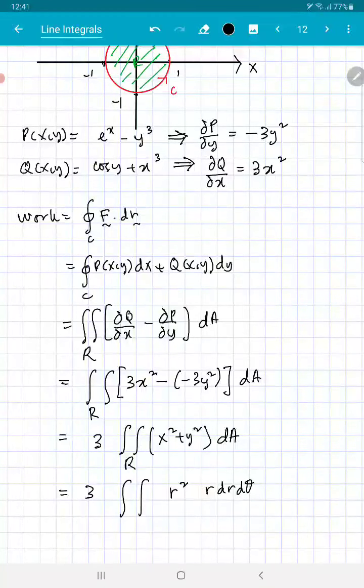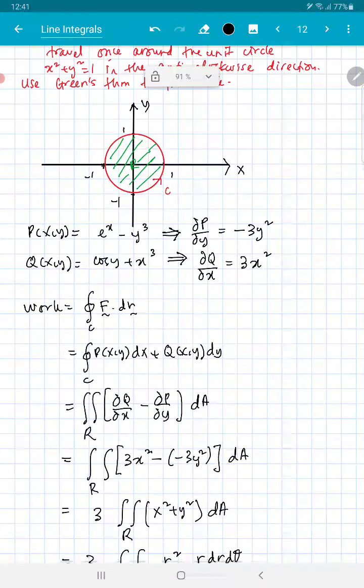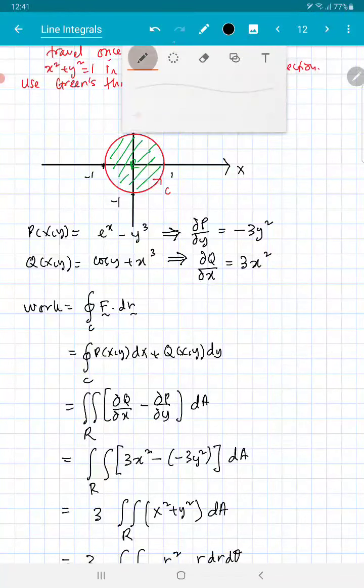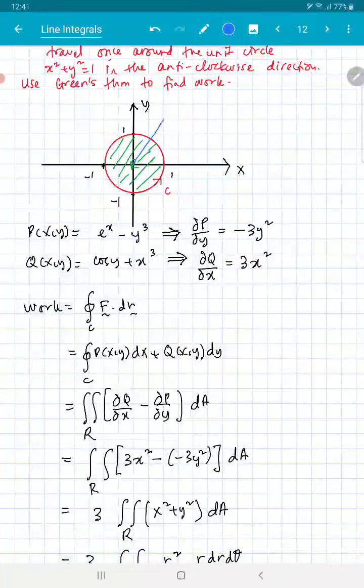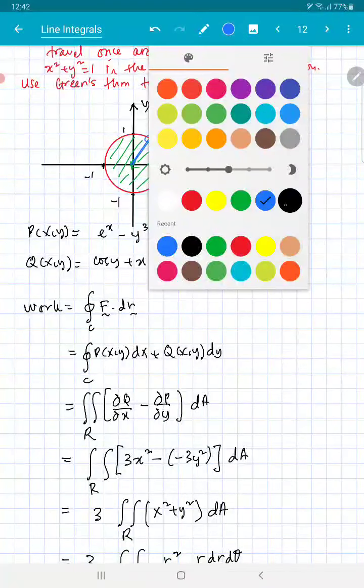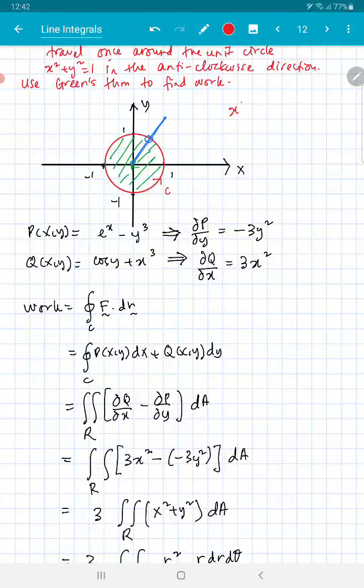Okay, now let's look at our region R and determine the upper and lower limits for r and theta. For r, remember we measure r from the origin across our region, and you can see that it starts from the origin and it stops on the red circle. So the red circle is really this unit circle, x squared plus y squared equals 1.